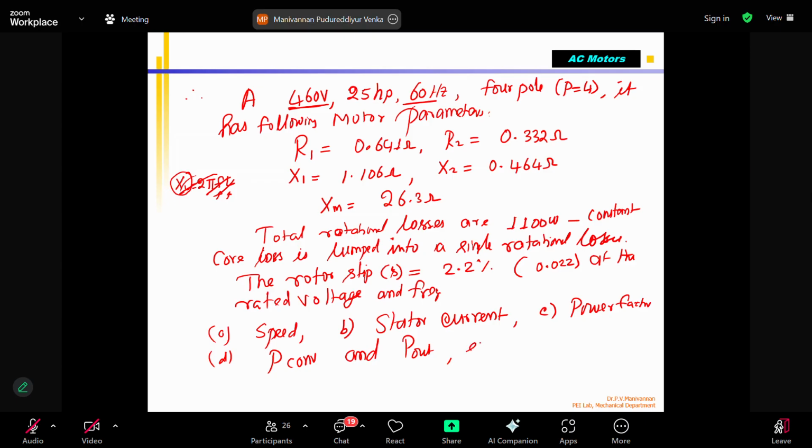Then they are also asking you to compute the induced torque. T-I-N-D means tau. Sorry, it is called tau ind. It is nothing but induced torque.